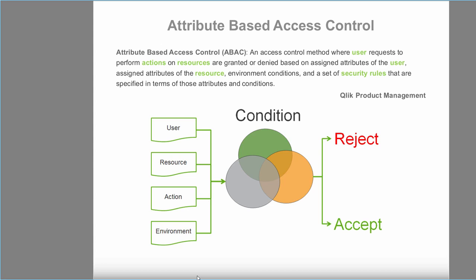That could mean it can only be done on a desktop, or on a mobile device, or on a tablet, specific browser versions if you wanted to, or based on attributes that you assign based on how your environment is set up, controls what people can actually do. When you combine those conditions, you either accept or reject the user's ability to effectively perform that set of actions against resources.